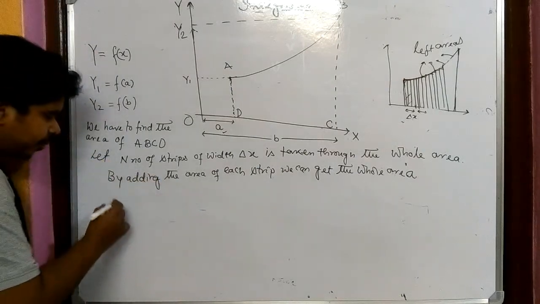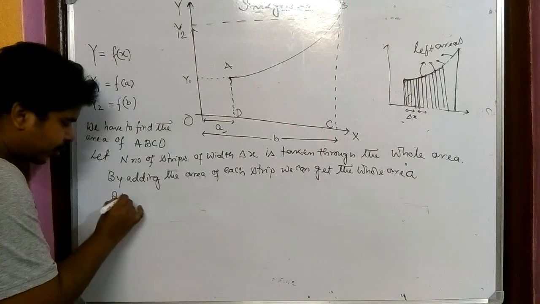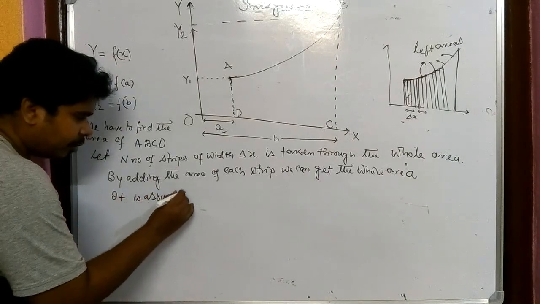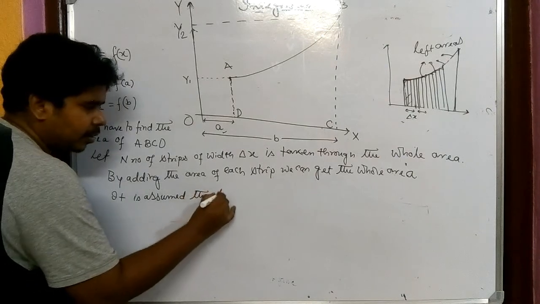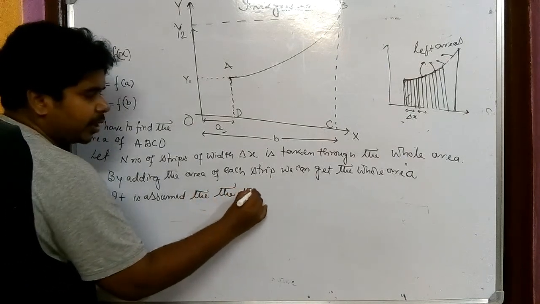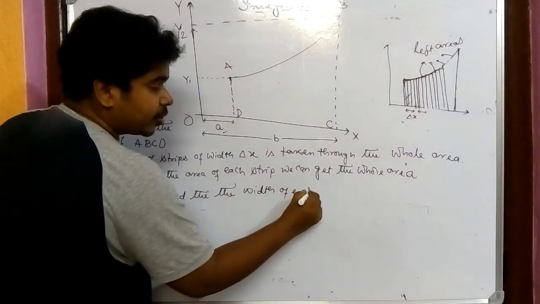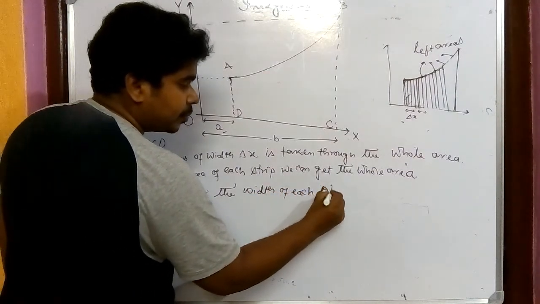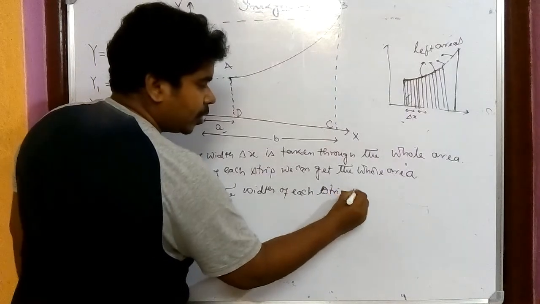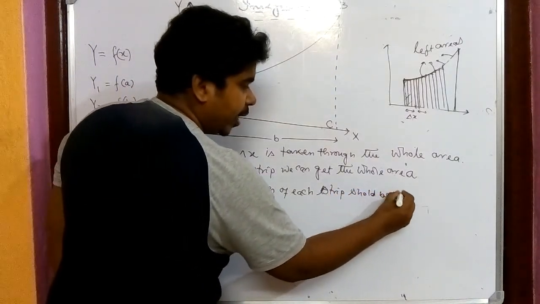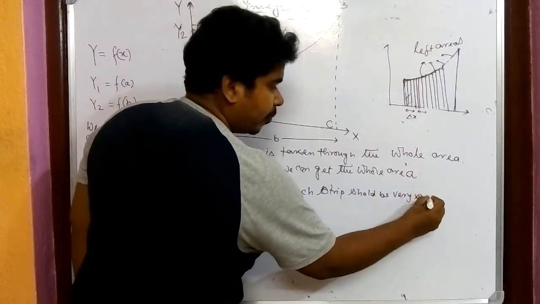So let's write it. It is assumed that the width of each stripe should be very small.